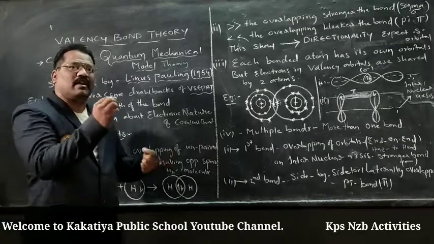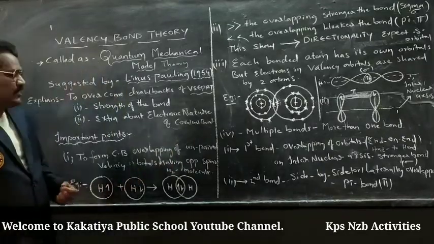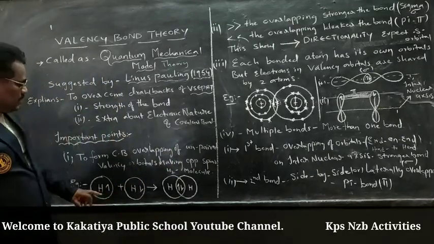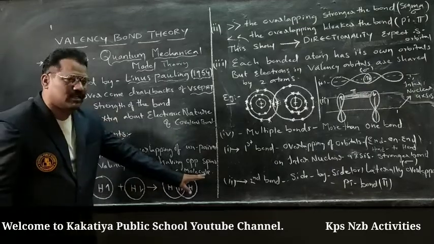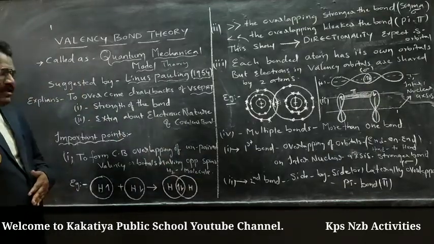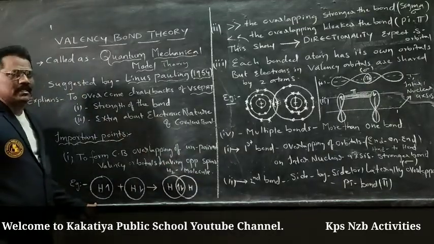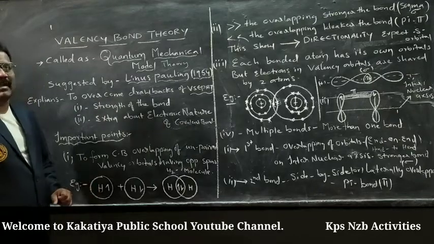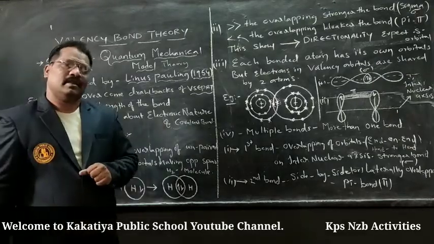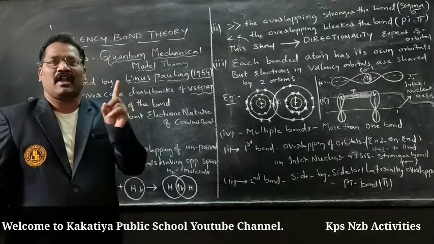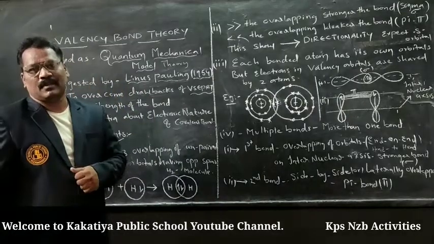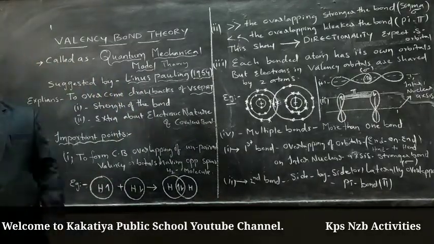Within this, he has given a little modification. For example, he has taken the formation of the hydrogen molecule. Hydrogen atomic number is 1, electronic configuration is 1s1, so it has one unpaired electron.